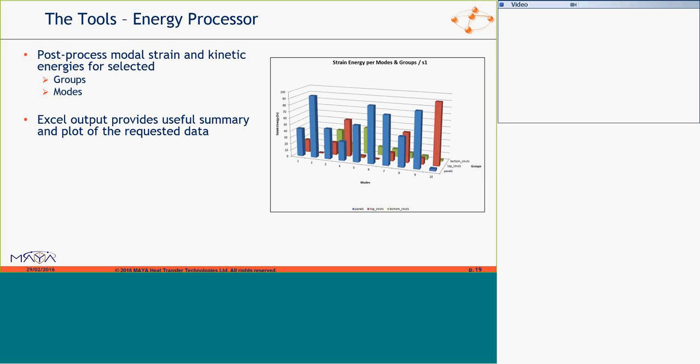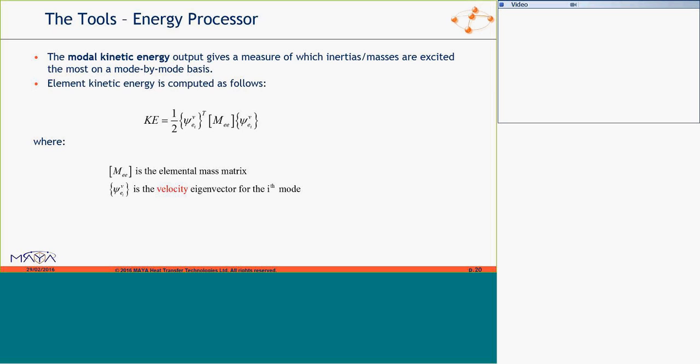There's an output that's particularly useful: we use macros and automatically generate the type of plot you see here, with your kinetic energies as a function of mode or group. So really, you'll have an understanding of the modes in your assembly.